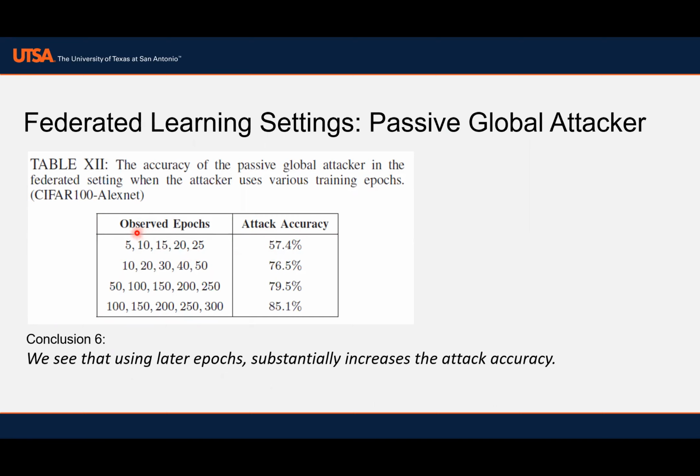We can see that as the epochs increase, the accuracy gets higher. So if we use later epochs, we would substantially increase the attack accuracy.